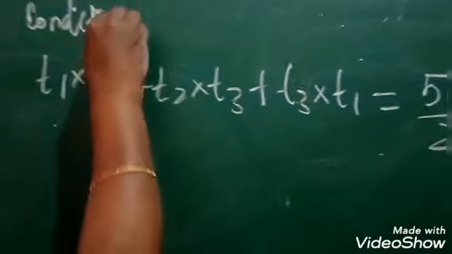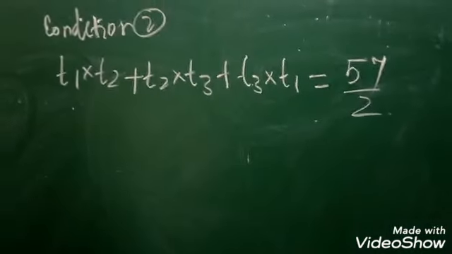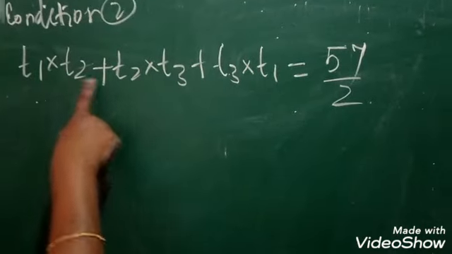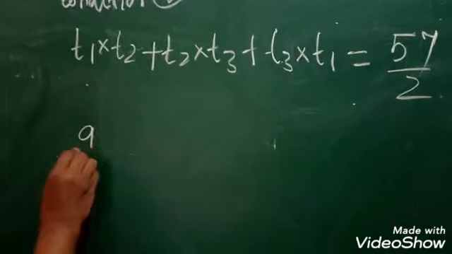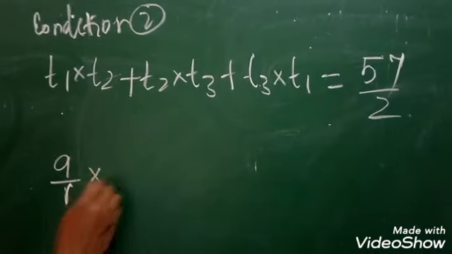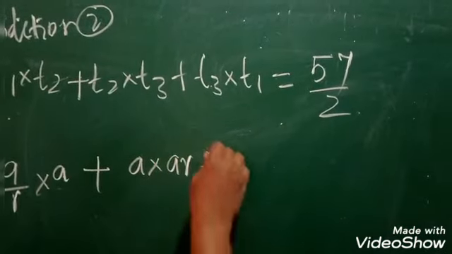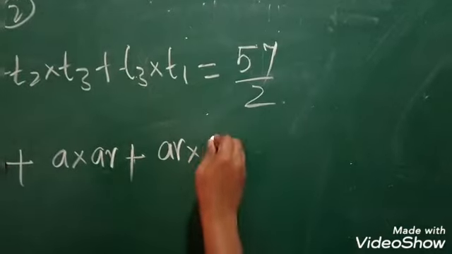So I am taking T1 and T2, T2 and T3, T3 and T1. Now T1 is a by r into a. Then a into ar. Next ar into a by r.